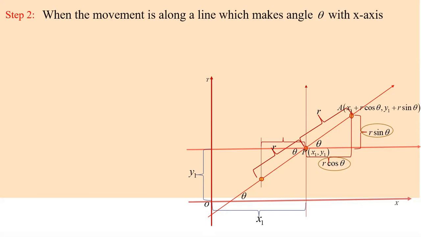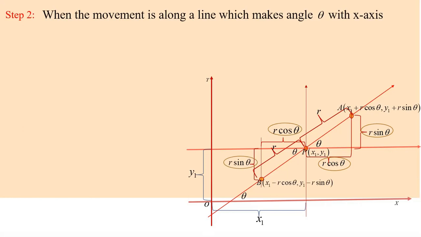Then similarly, to come down, this component is again r cos theta and this component is r sin theta. So r cos theta is moving left and r sin theta is moving down. Then according to the formula of step 1, the coordinates of B are x1 minus r cos theta, y1 minus r sin theta.